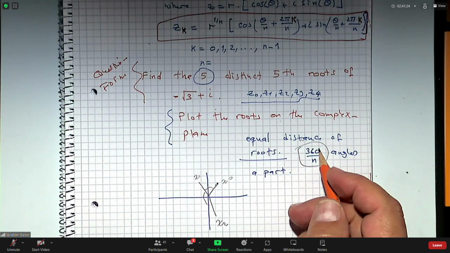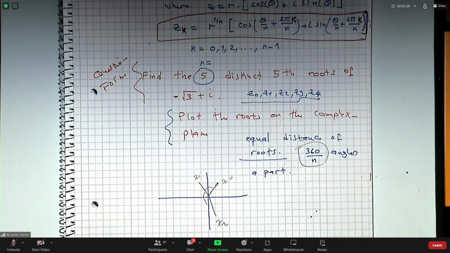That means if I'm evaluating the 5 distinct fifth roots, what is 360 divided by 5? 360 divided by 5. Come on. 72, yeah? 72. So when you are ultimately plotting these roots, the full cycle 360 will be evenly distributed.